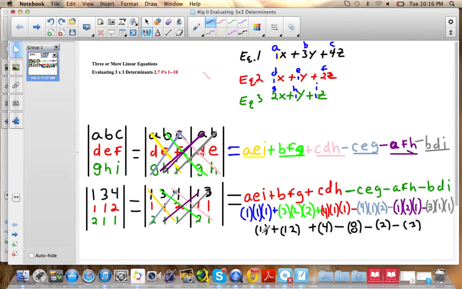So now I just take a look. Let's go to the next step. 1 plus 12 plus 4, right? So 1 plus 12 is 13, plus 4 is 17.